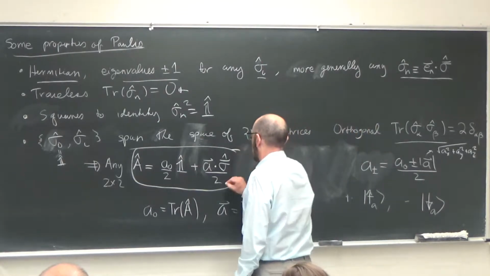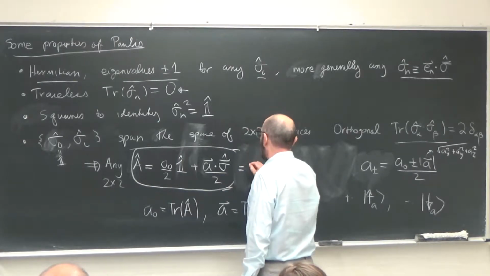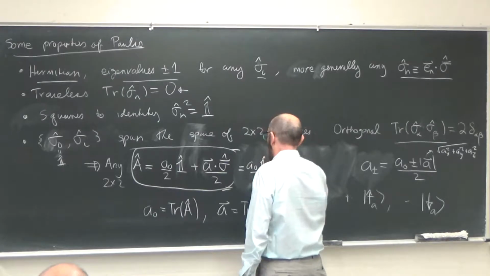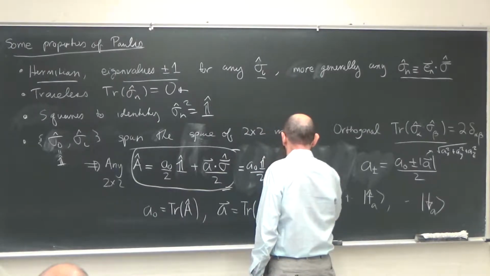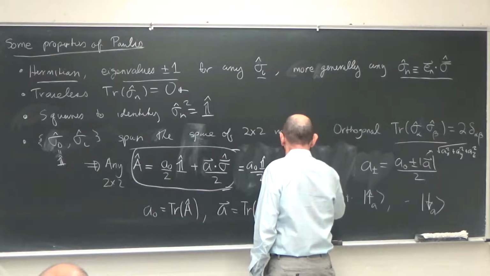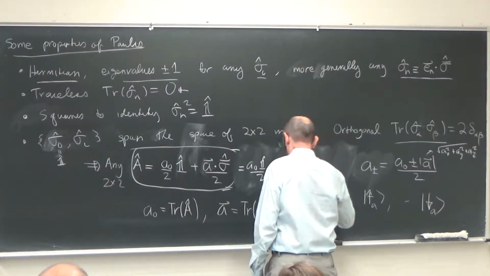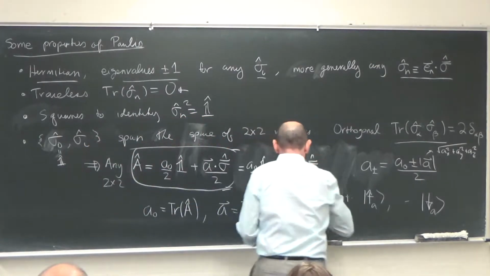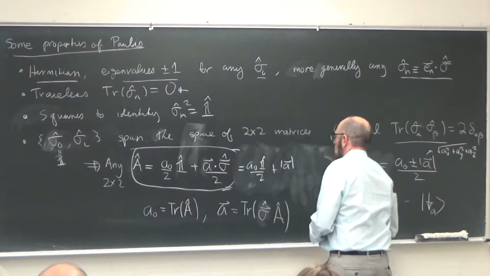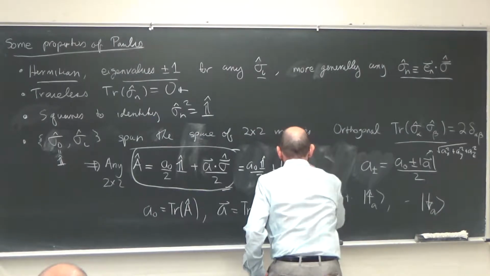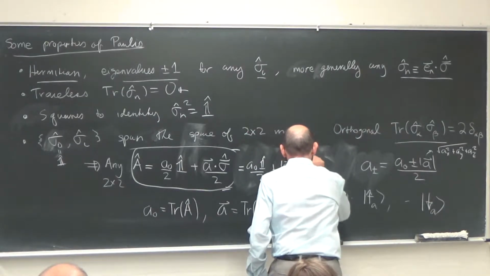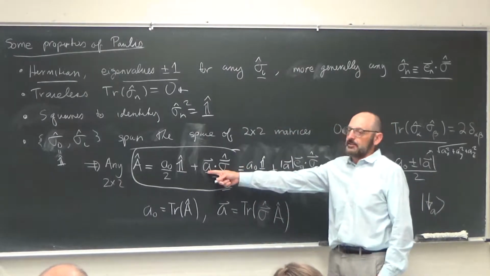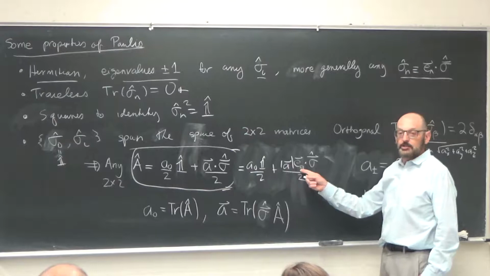So, I can write this matrix. I've expressed this vector as having a magnitude and a direction.